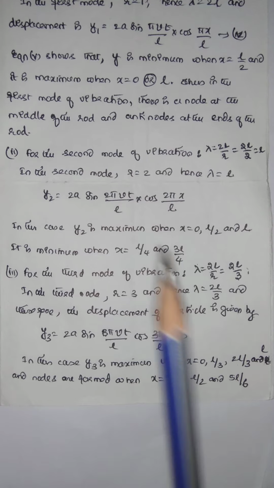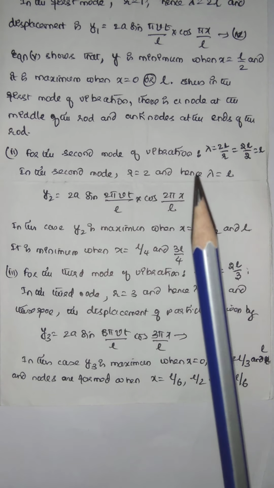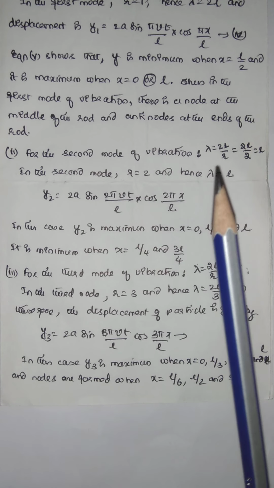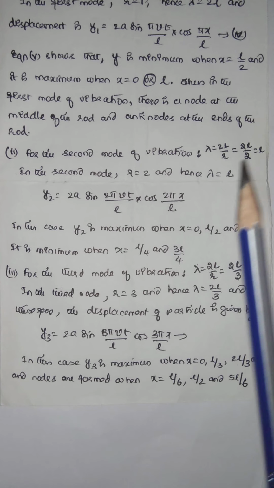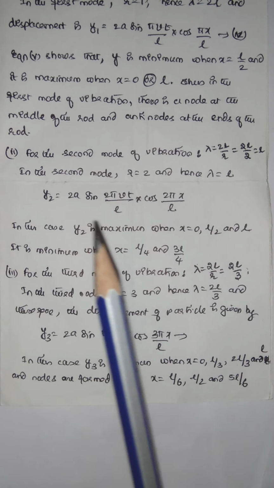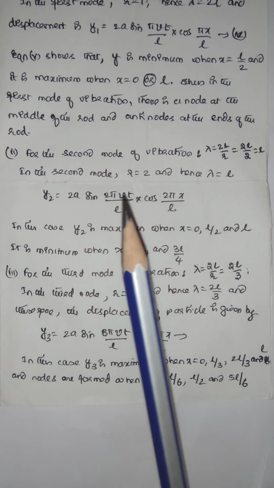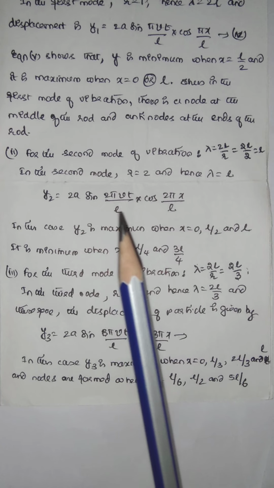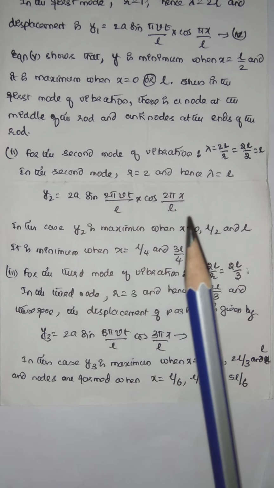Similarly, for the second mode of vibration, r is equal to 2. Then lambda is equal to 2l by r, which is 2l by 2, equal to l. Therefore, lambda is equal to l. Then y2 is equal to 2A sin(2πvt/l) into cos(2πx/l).